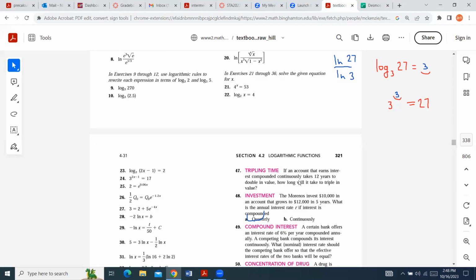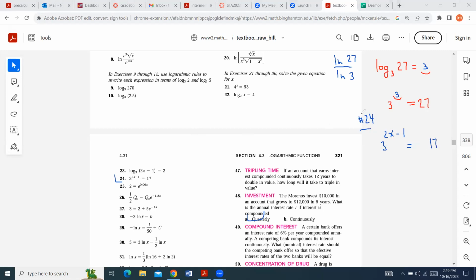I hope you already encountered logarithms prior, so I can do, say, exercise 24 in this section that has a 3 raised to some power, and that power has letter x. That's the one that I need to find, and this is equal to 17.